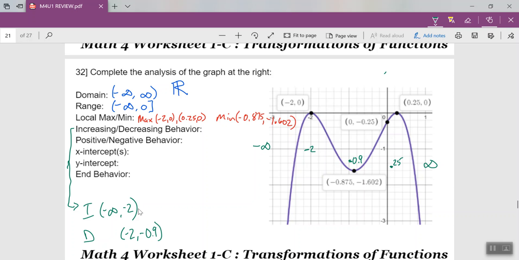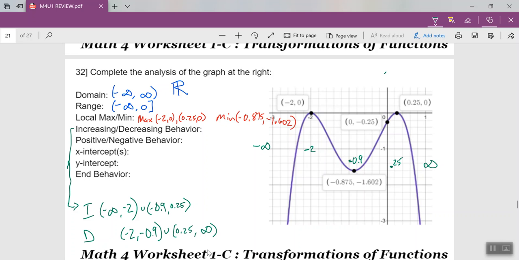We'll call it 0.9 for convenience here. And then we're going up again from negative 0.9 until we get to positive 0.25. And then we pick up at positive 0.25 and we're going down to infinity.